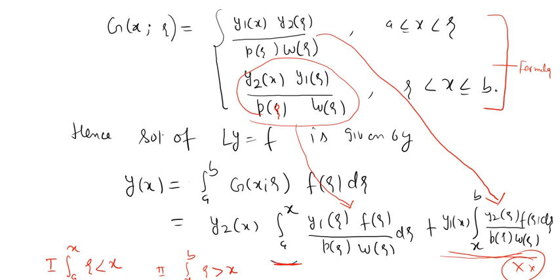Now we will solve one problem, to see how you apply this idea to a numerical problem. The first step is to solve the homogeneous problem and find y1, y2 from the homogeneous one, then construct the Green's function and use it to write the solution of the non-homogeneous problem.